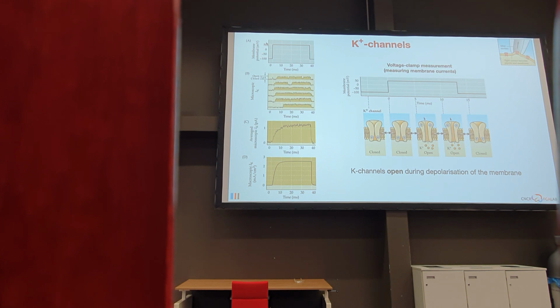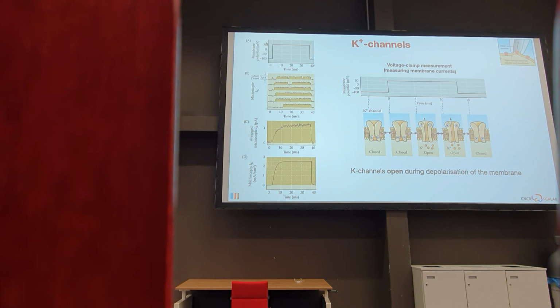The way they interpreted this was that there's this channel that can be in the closed or in the open state, and when it's in the open state, it conducts these ions. So if you have a single ion channel, this is a stochastic process, right? But you increase the chance of opening by depolarizing the membrane.